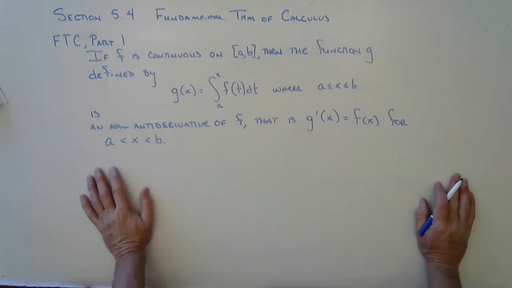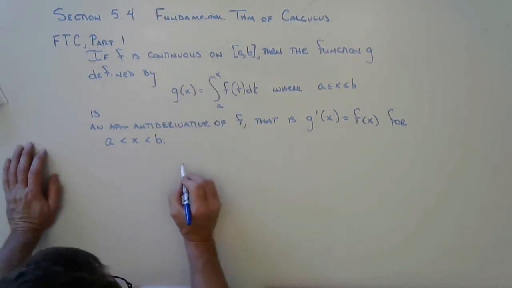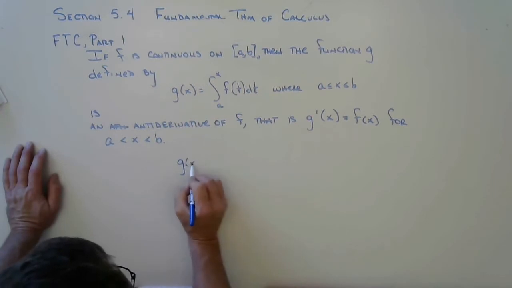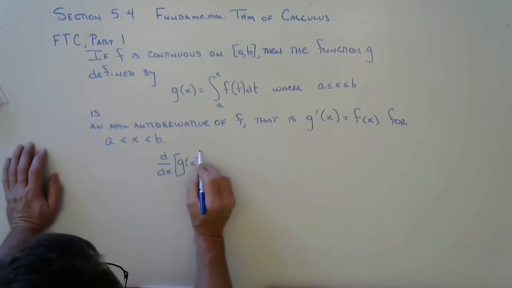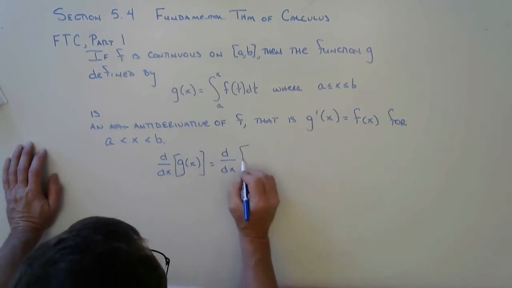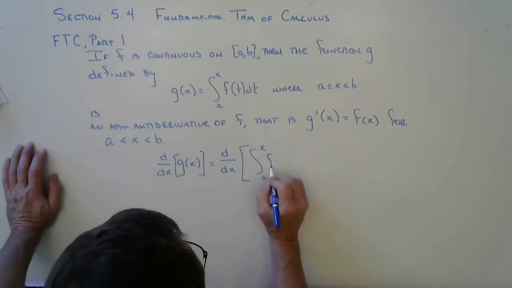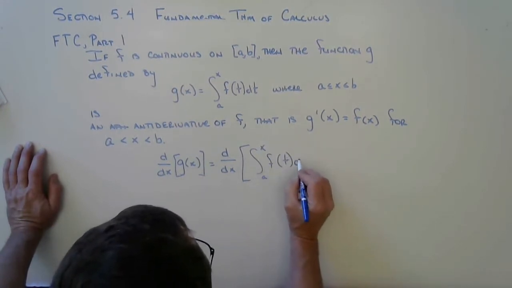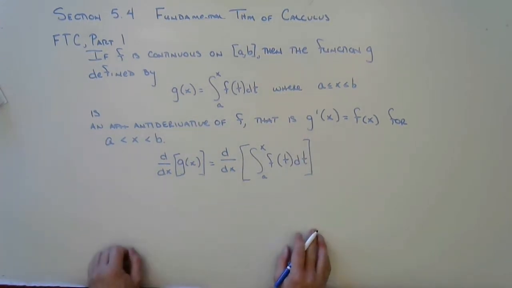We start with g of x and take the derivative of that. Because if I take the derivative of the left, I have to take the derivative of the right.